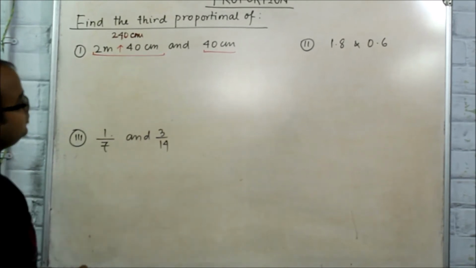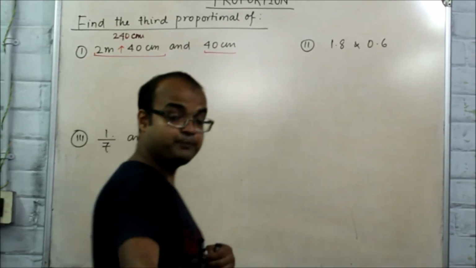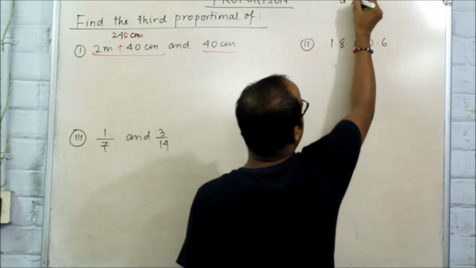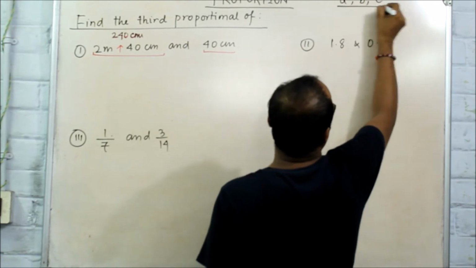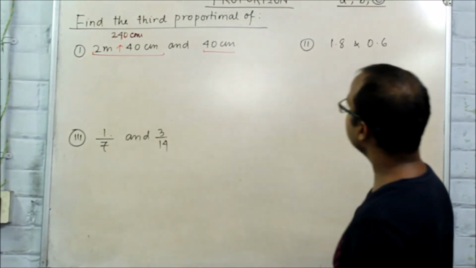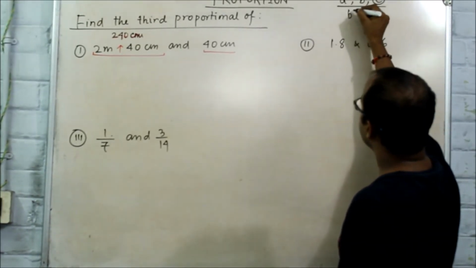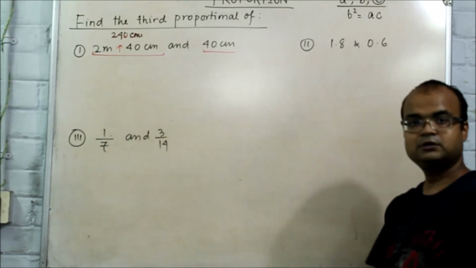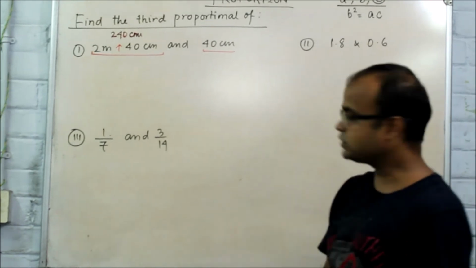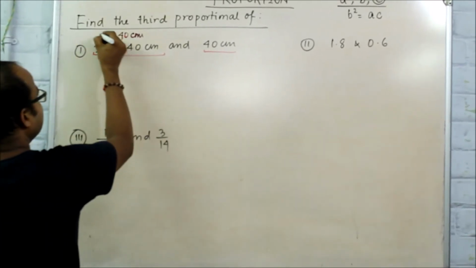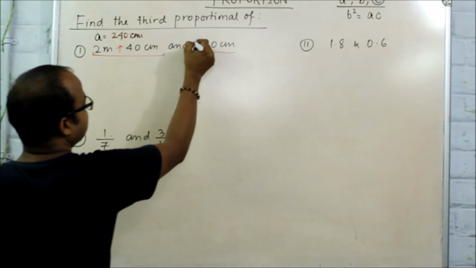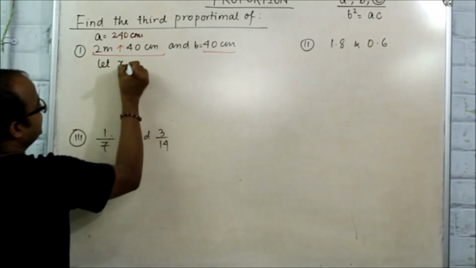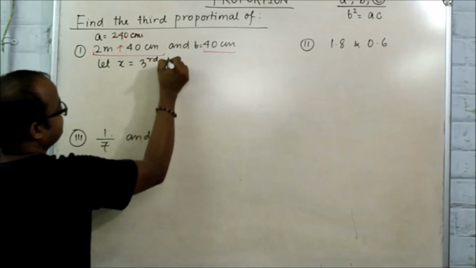Now third proportion means this is a problem based on continued proportion. A, B, C, then C is called as a third proportion. So in this case, we can say that B square is equal to AC. Mean square is equal to product of extreme. So this will be your A, this will be your B, and we assume that let x is equal to third proportion.